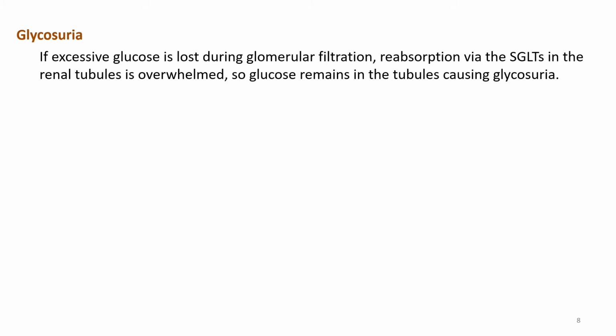Now, normally glucose is reabsorbed by SGLTs in the renal tubules. However, if lots of glucose is filtered out into the tubules, those SGLTs become overwhelmed. So the glucose ends up remaining in the tubules to be excreted in the urine, causing glycosuria.